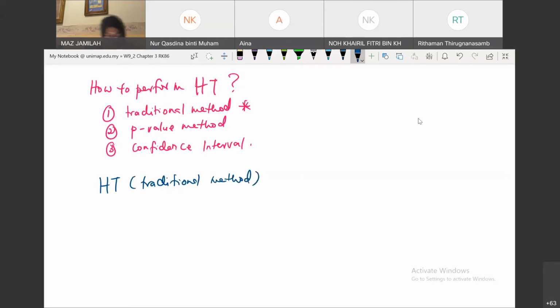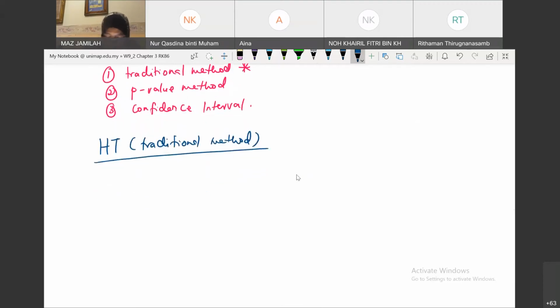Now how can we do that? This is the 5-step procedure that I mentioned earlier. There will be 5 steps involved in this traditional method. Step 1 is to identify the claim and state the H0 and H1.